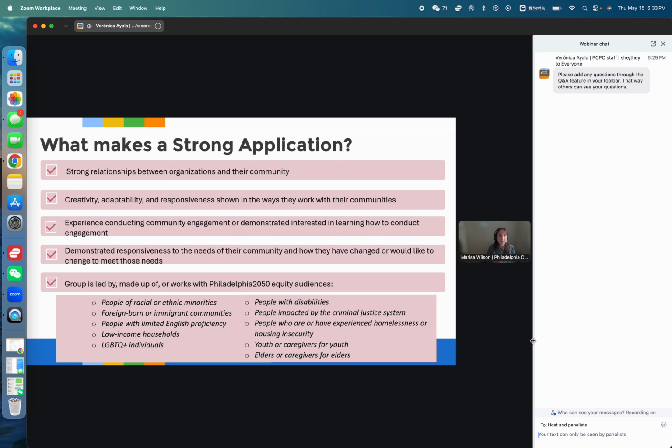We also will have strong applicants who are groups that are led by, made up of, or work with our equity audiences for this plan.